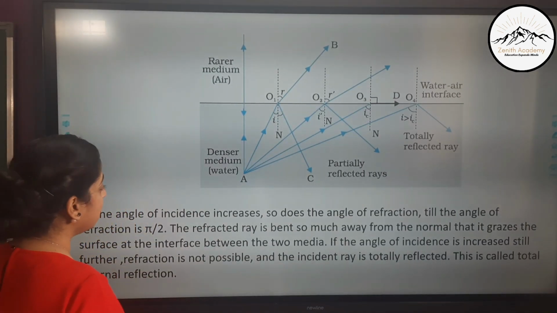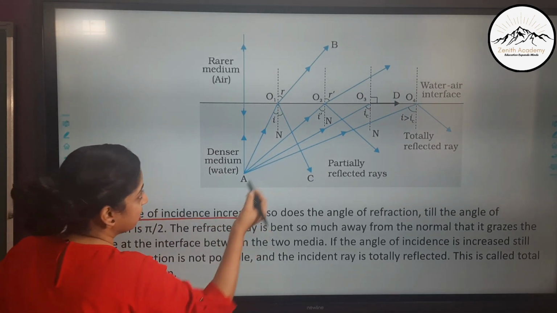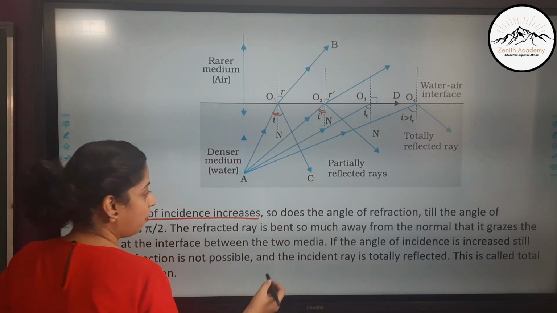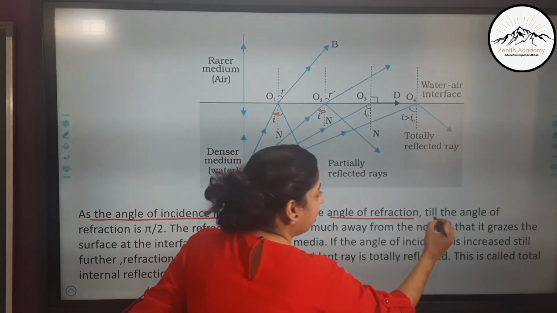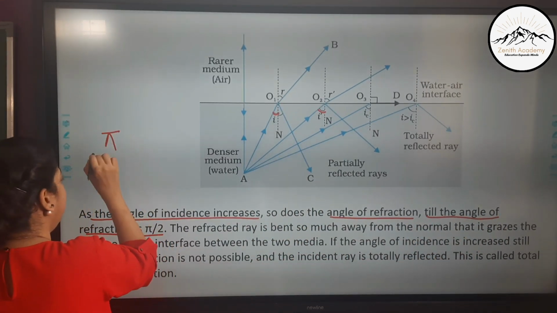I'll repeat this again. As the angle of incidence keeps on increasing, the angle of refraction also increases till the angle of refraction is pi by 2. What is pi by 2?